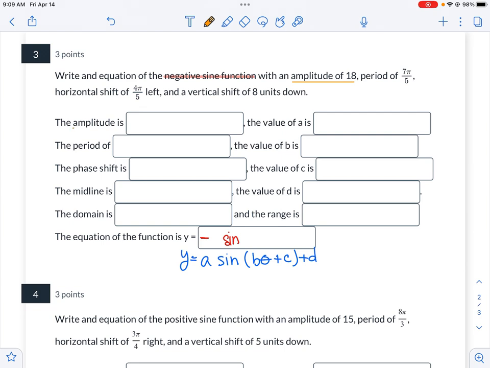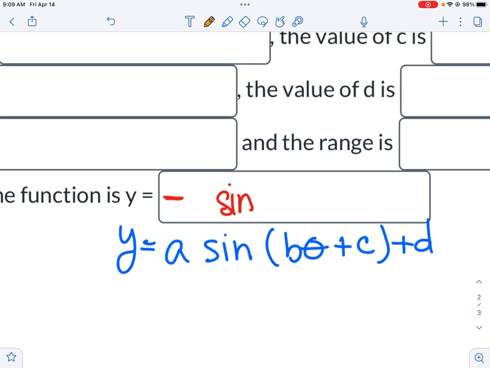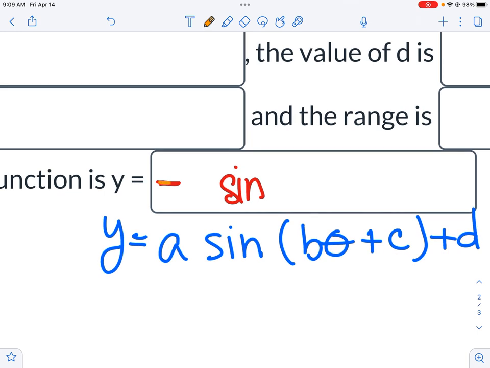So if my amplitude is 18 and I have a negative sine function, that means my value of a must have been negative 18. So down here, what I really should have is a negative 18 sine.